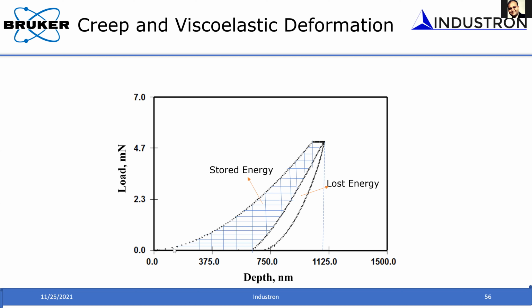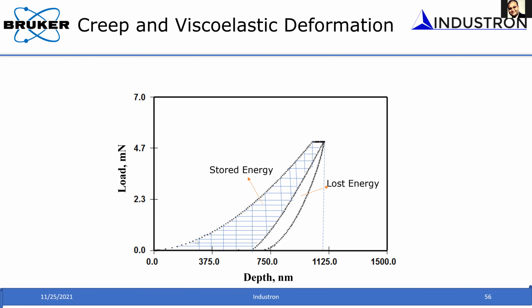If we take this load displacement curve and integrate the area under the whole curve, that gives you the work being done to create the indent. Now, when you unload, some amount of this work, the energy, is released. That is the elastic energy that has been released.